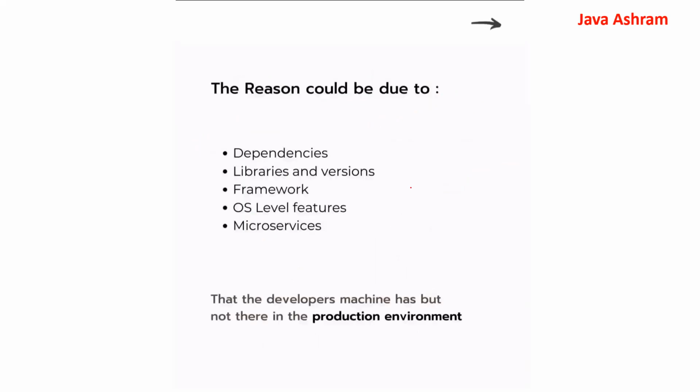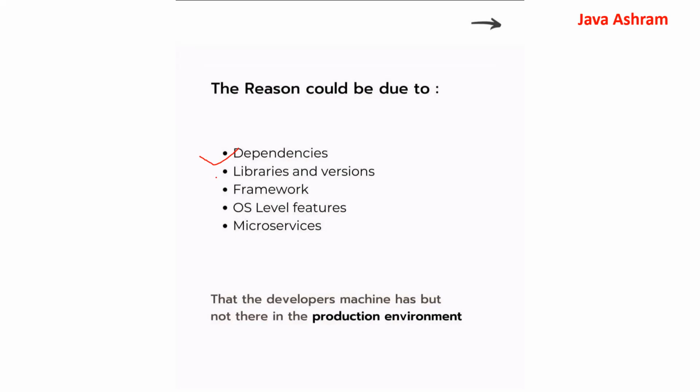There could be various reasons for this kind of issue. The first reason could be dependency. When you are writing applications, lots of dependencies come into the picture. You may have developed a framework, or mini applications that your main application depends on.